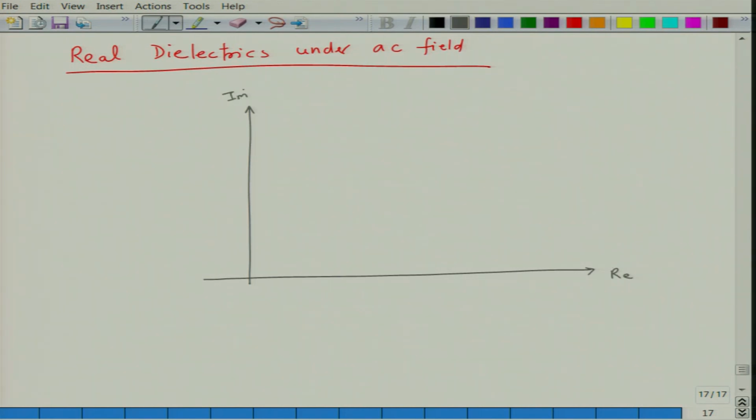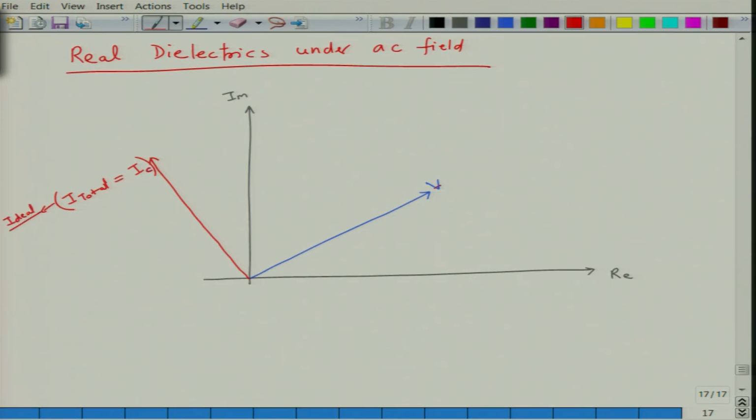We draw a voltage V. For an ideal dielectric, the current I must be perpendicular to V. So this is I, this is V, and I_C is equal to I total for an ideal dielectric.